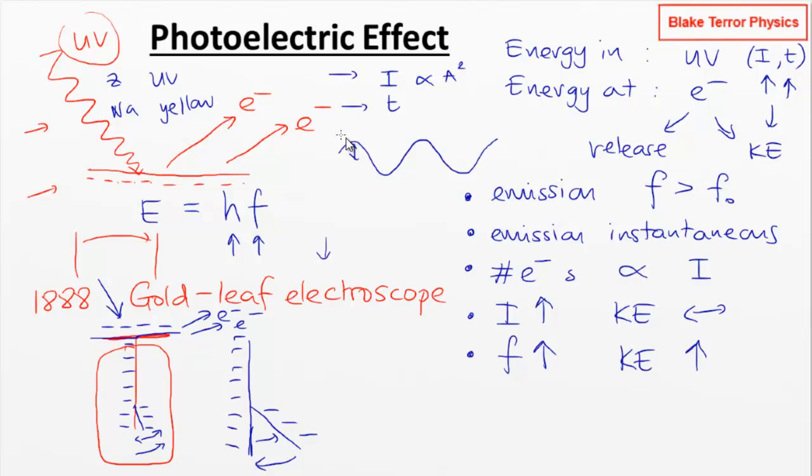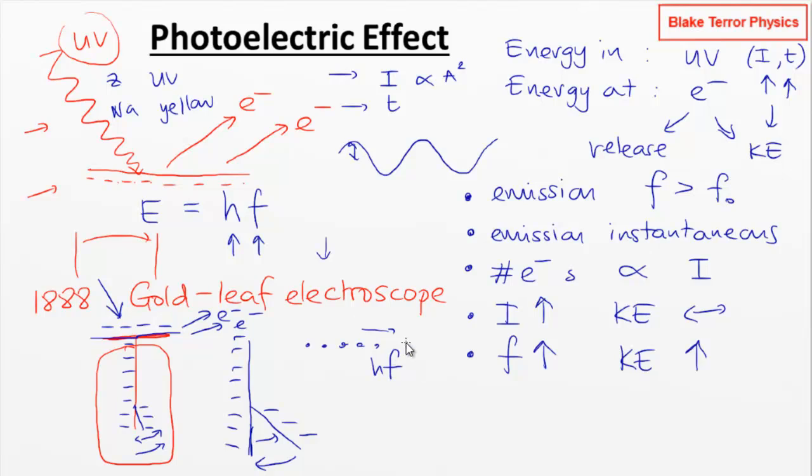But people were kicking this idea around, and Einstein used this then to explain what was going on in the photoelectric effect. So he then said, well, what if this incident radiation, this UV radiation, is actually just a whole stream of photons coming in? So these photons are coming in, and each one of them has got energy hf.